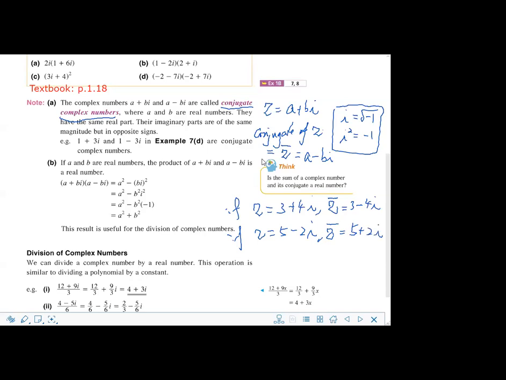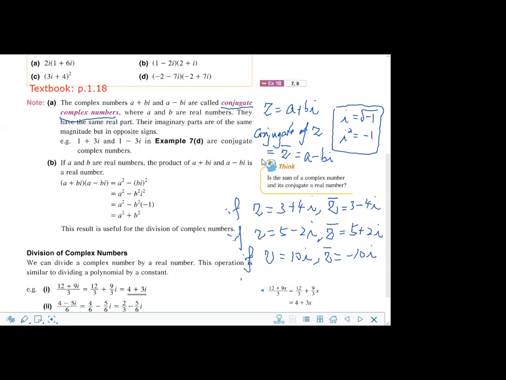If Z is a purely imaginary number, Z is equal to 10i, then Z bar, the conjugate, is equal to negative 10i. So just change the imaginary part to its opposite, and that will be the conjugate.